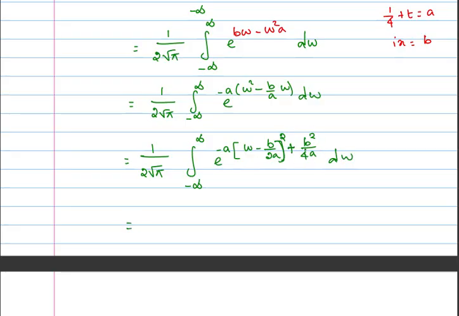This is independent of omega, so I can take it outside. So 1 over 2 times square root of pi, exponential of b square divided by 4a, times the integral of exponential of minus a times (omega minus b over 2a) the whole square, d omega.